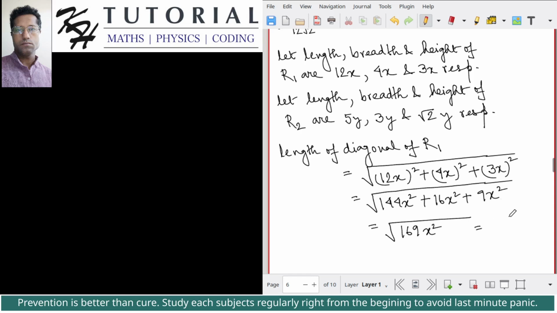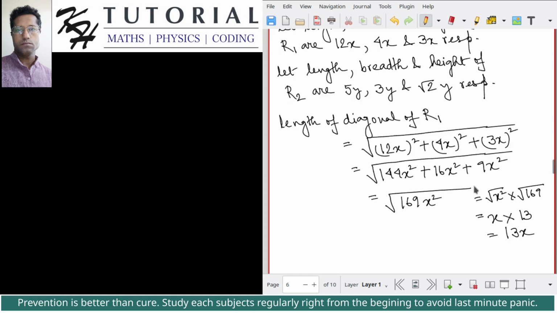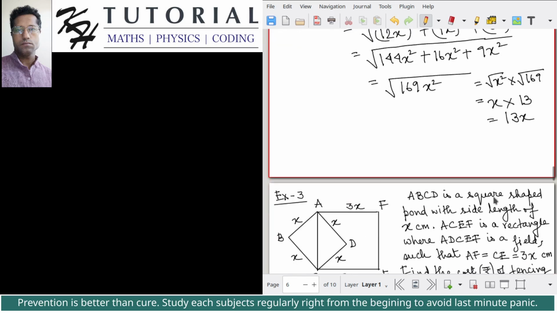This is equal to the square root of x² multiplied by the square root of 169. The square root of x² is x and the square root of 169 is 13. So the length of the diagonal of room R1, or the longest rod that can be placed in room R1, is 13x.